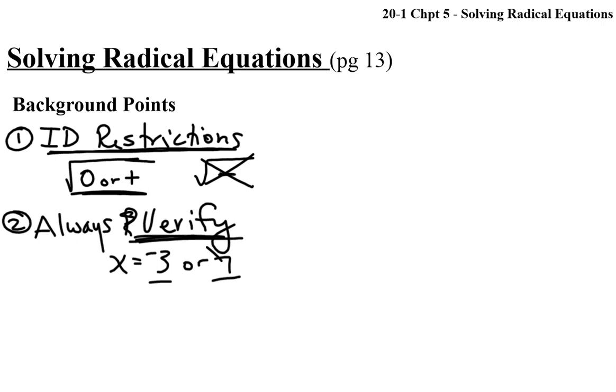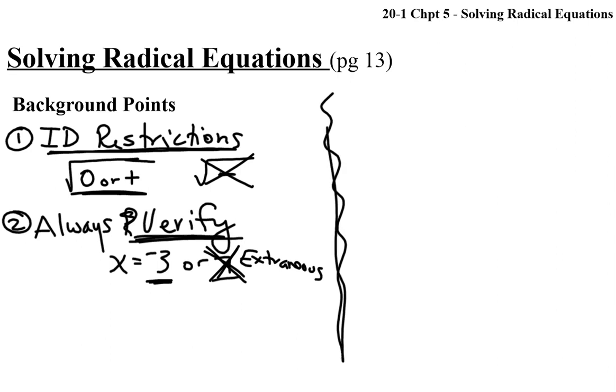That's called an extraneous answer. Maybe it's the 7. Maybe -3 is the only answer for that question. So 7's not allowed. It's referred to as extraneous. So we always have to verify our answers to make sure that what we have solved for does work.